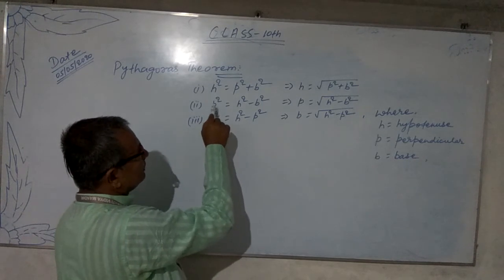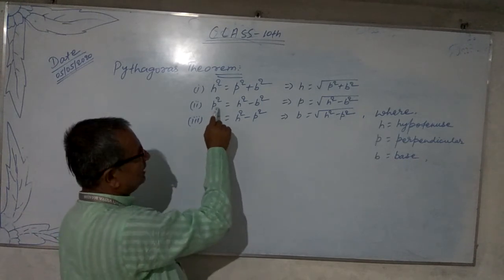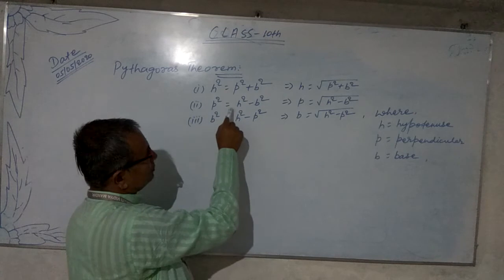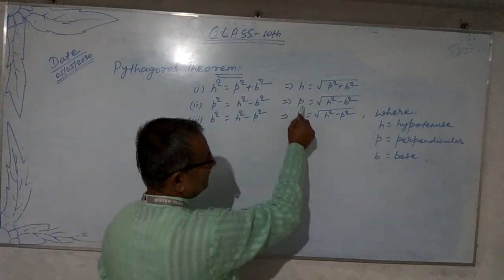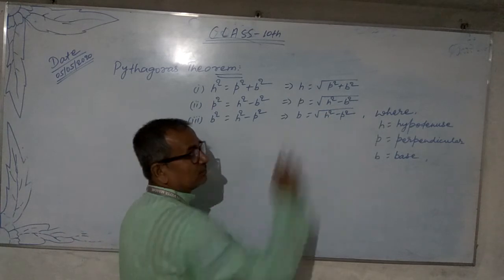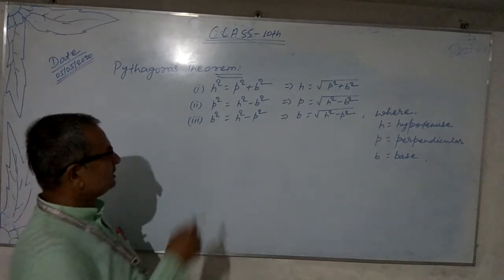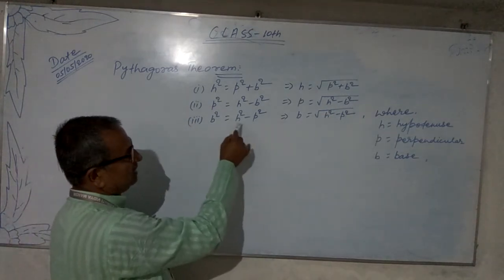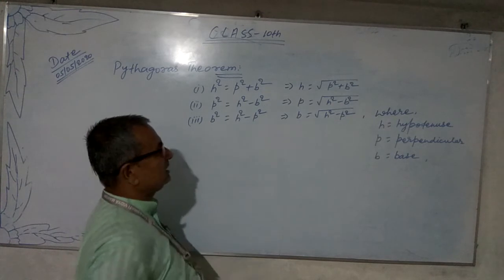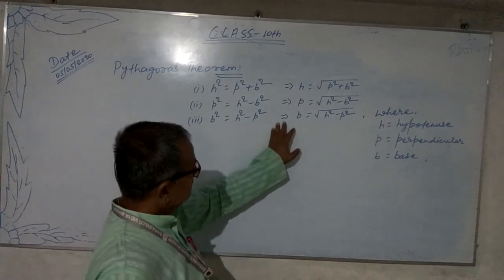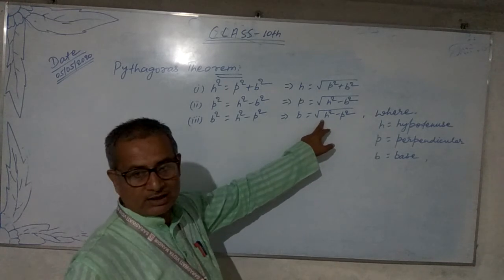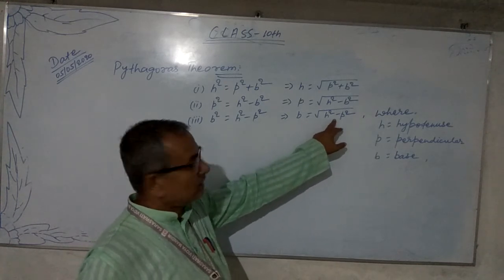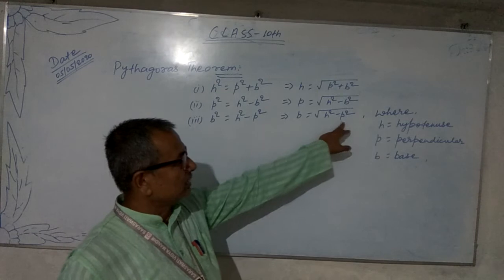Again, if we have to find out perpendicular, P square is equal to H square minus B square, and P is equal to root under H square minus B square. Similarly, B square is equal to H square minus P square, and hence B is equal to root under H square minus P square.